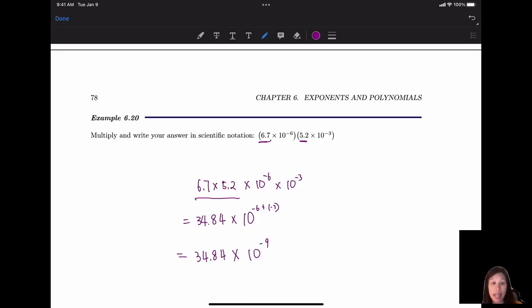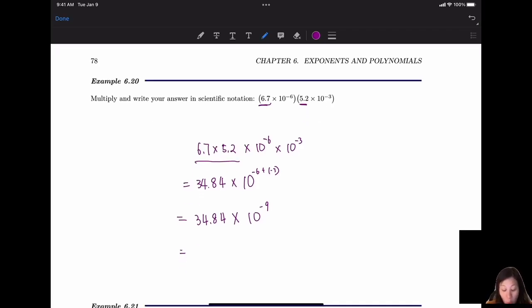Again, in scientific notation, we can keep the negative in the exponent. When we talked about simplifying, you couldn't have the negative in the exponent, but this is not simplifying, this is scientific notation. However, this one is not appropriate because we want to keep it between 1 and 10.